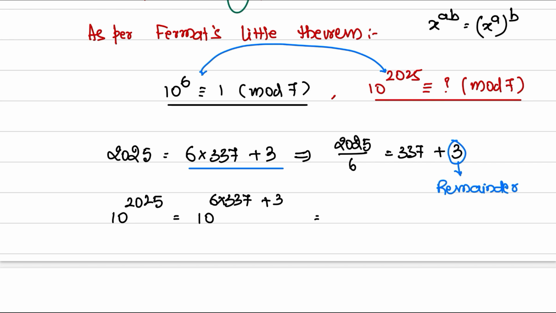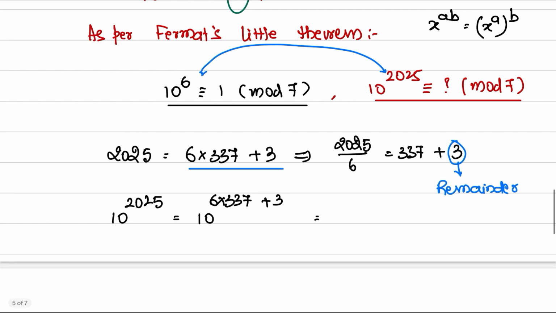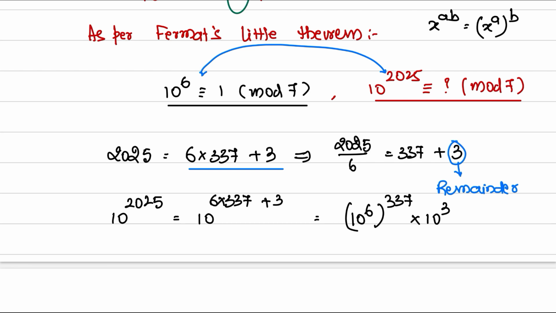Then can we write 10 to the power of 6 into 337 as 10 to the power of 6 whole to the power of 337 into 10 to the power of 3, because x to the power of a into x to the power of b is equal to x to the power of a plus b. When there is a summation in the exponent, that will be converted to multiplication.